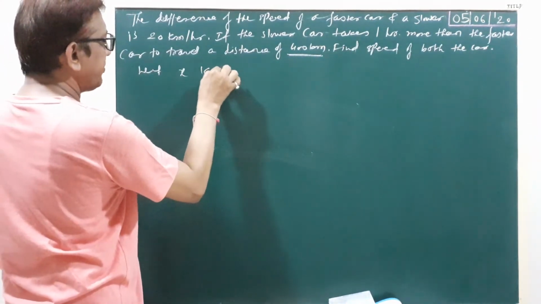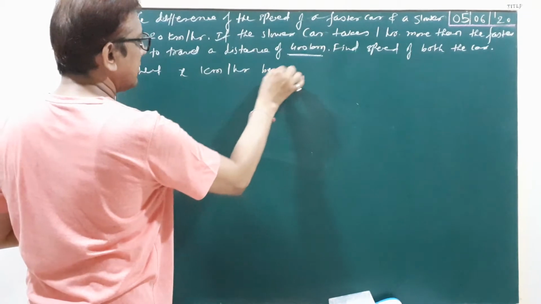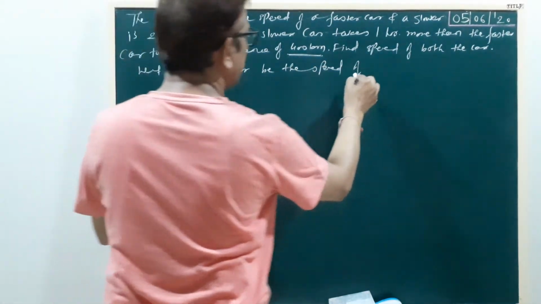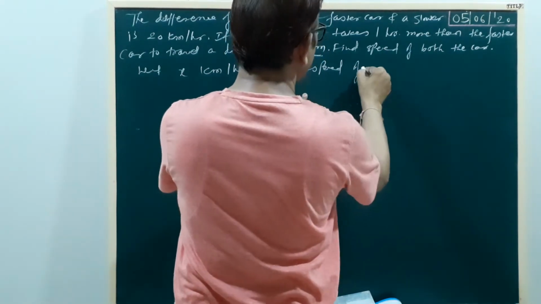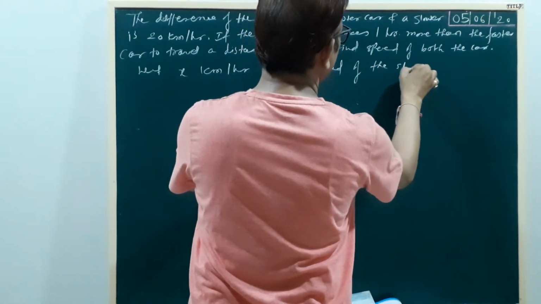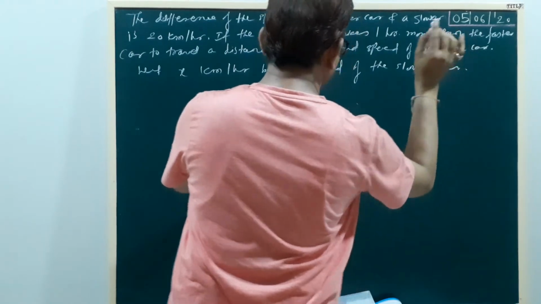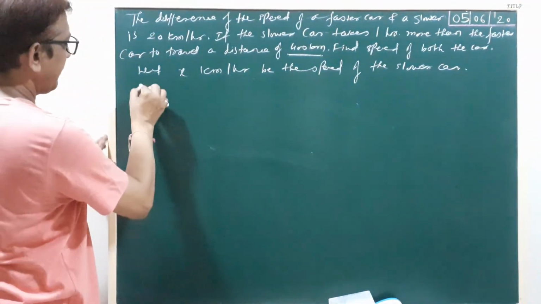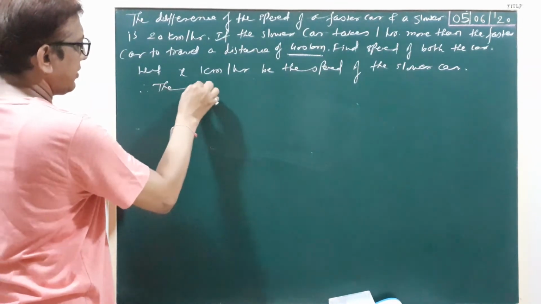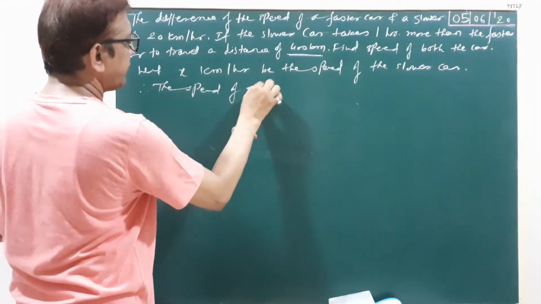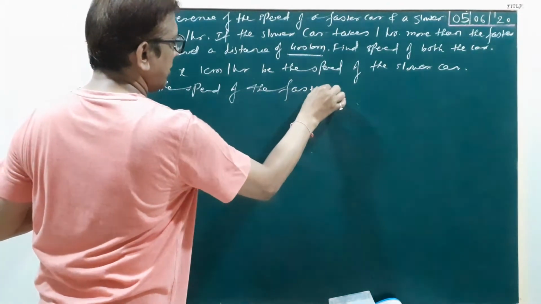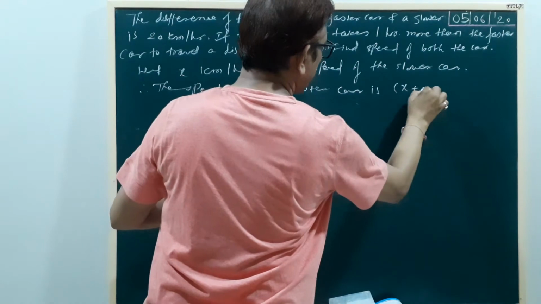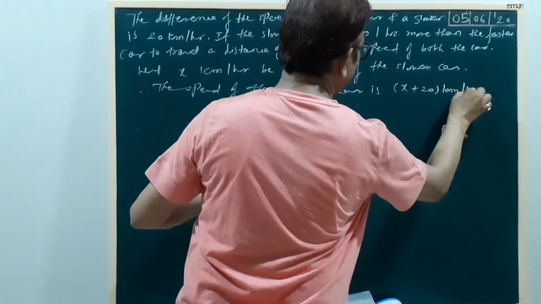Let x km per hour be the speed of the slower car. Okay? Therefore, the speed of the faster car is x plus 20 km per hour.